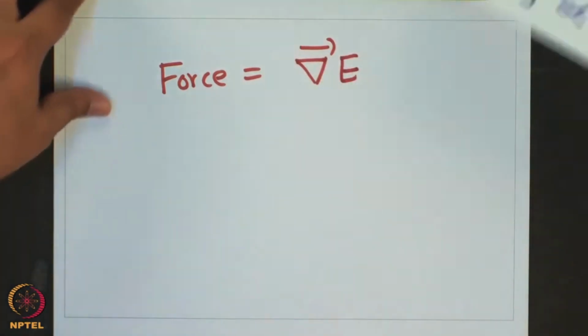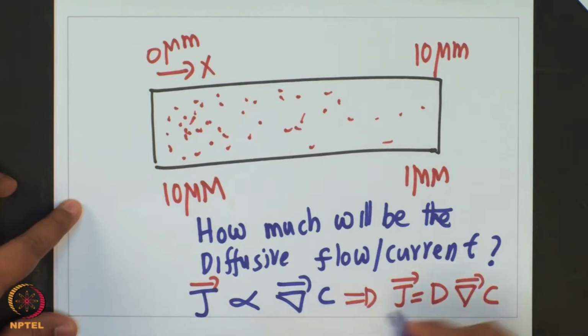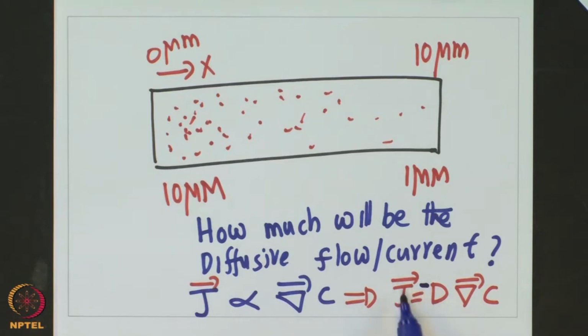There is one thing I want to do, there is a mistake, I want to repeat. J is proportional to minus del C, and it turns out that this is minus D del C. J is equal to minus D del C. So, this actual flow or current is D del C with a negative sign.